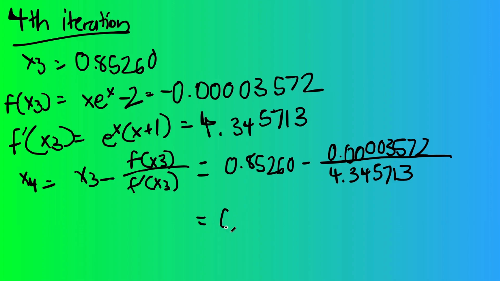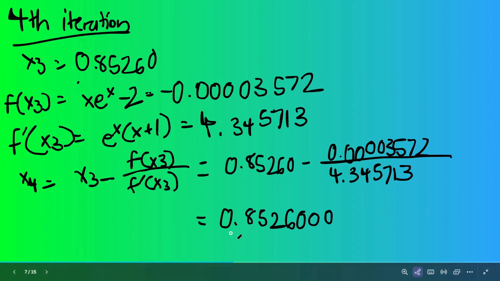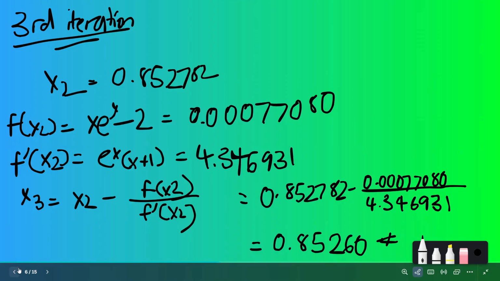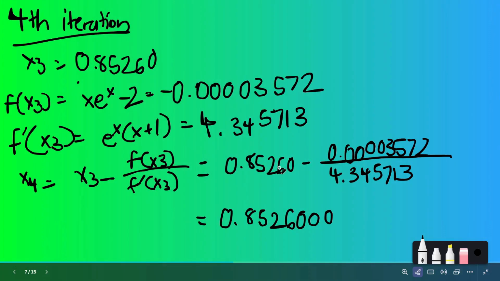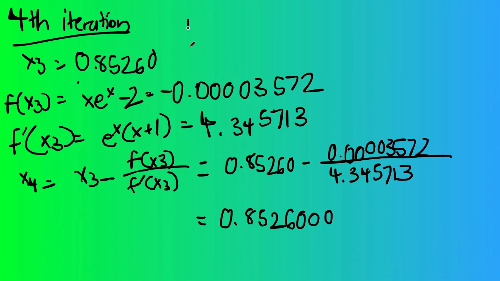The total is 0.85260. So these are the same number in the third iteration and the fourth iteration.